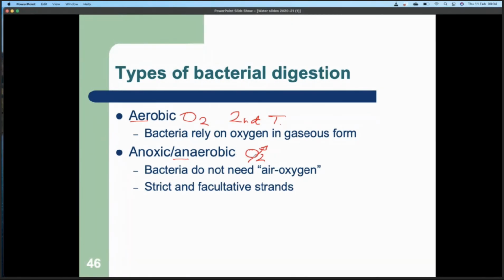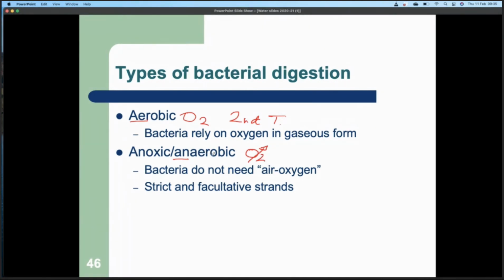The anaerobic bacteria do not tolerate oxygen. So if you want to operate an anaerobic treatment plant, then not only do these bacteria not need the oxygen that comes out of the air, but they do actually get inhibited by molecular oxygen.